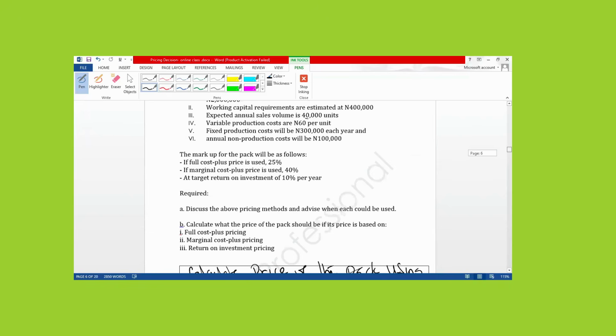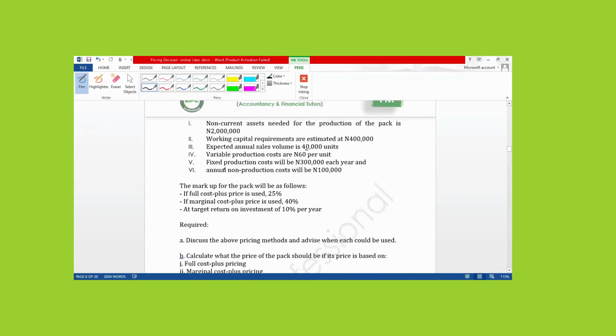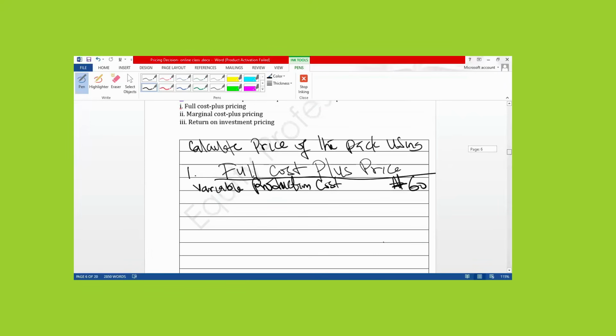We also go to pick the fixed cost. Fixed production cost per annum, 300,000. I'll pick that. This is per annum, not per unit, 300,000.